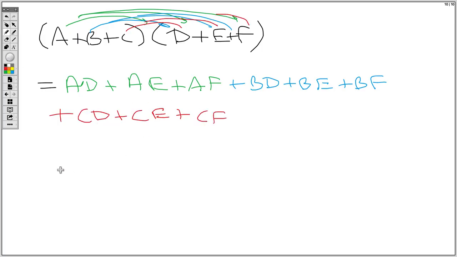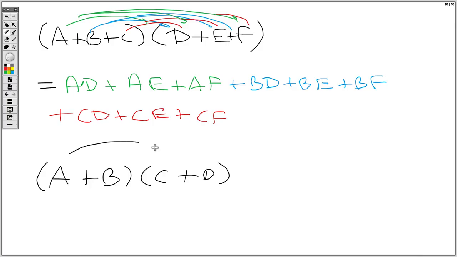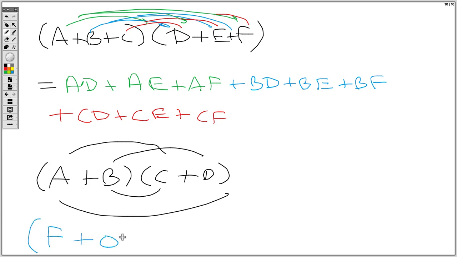Now, when you just have a binomial times a binomial, this is the famous, well, it depends where you were raised, I think. It's either you make a smiley face, or you do that FOIL method.